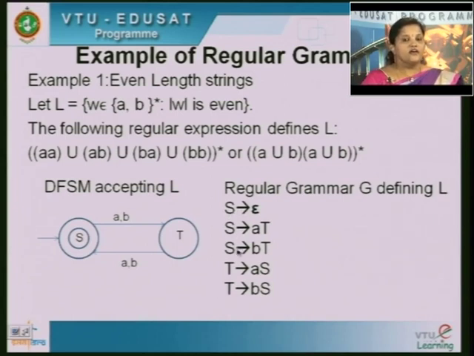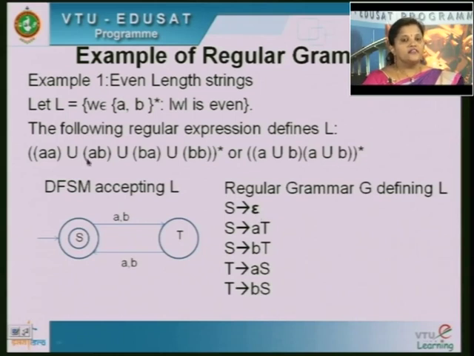These are the legal rules which derive the string. For example, S derives epsilon, S derives aT, small a followed by capital T, and S derives bT. Why do we have 3 productions starting with S? Because S is also a final state, hence it can derive epsilon.